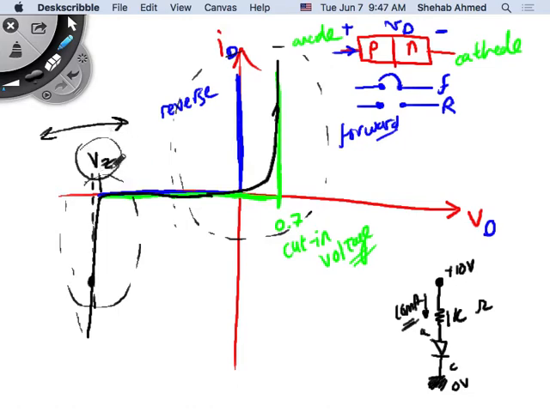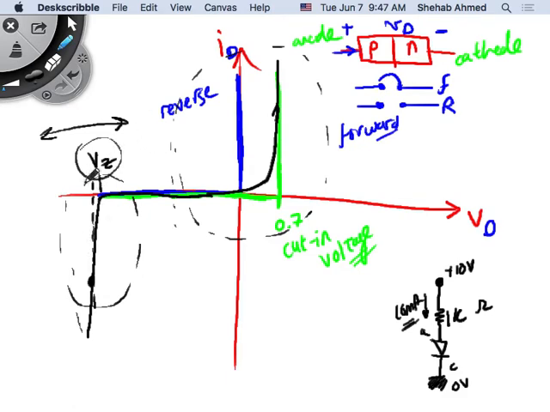So if I am able to utilize that in a nice way, then I can also operate in this area. I want to create devices that can block and conduct in response to a forward voltage. I can also utilize this device to block and conduct in response to a negative voltage. So it has some nice features.